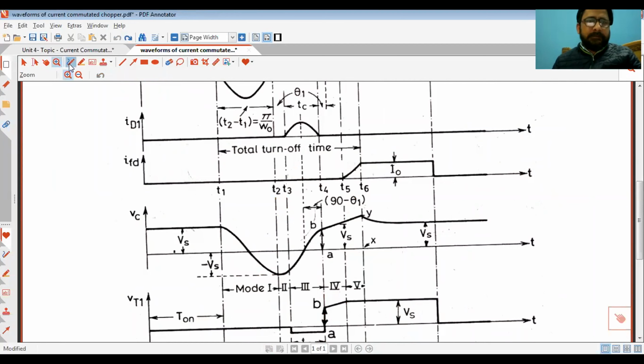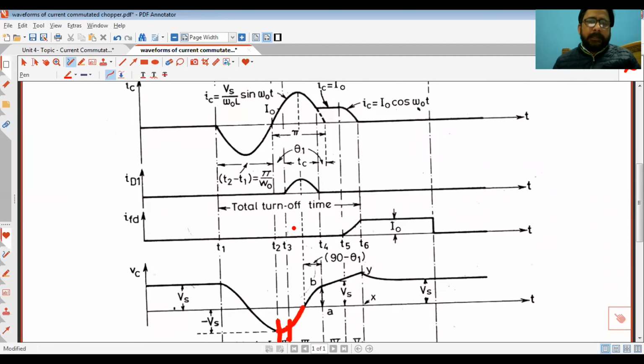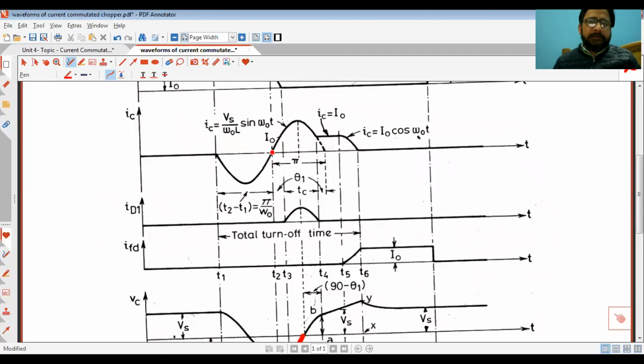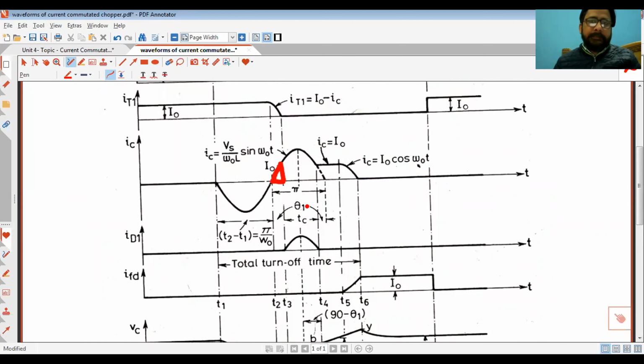Now at the start of mode 2, the capacitor voltage starts reversing. It is reversing basically. So this is mode 2, and the capacitor current is also becoming positive. Positive means it will flow in its actual direction, which we have marked as positive, right?